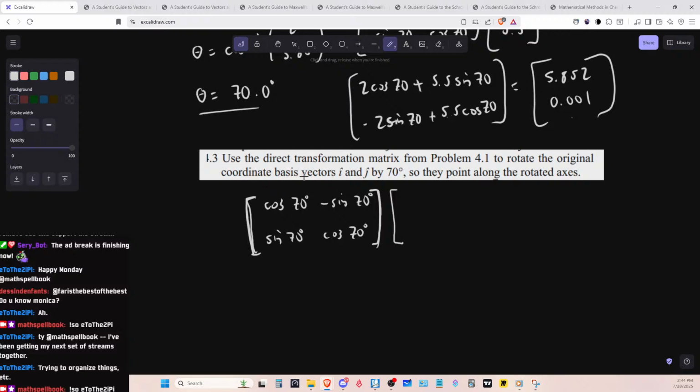So the basis vectors i and j. We're just going to consider that as 1. I mean, technically, when you think about it, you're basically doing m plus negative sine of 70.